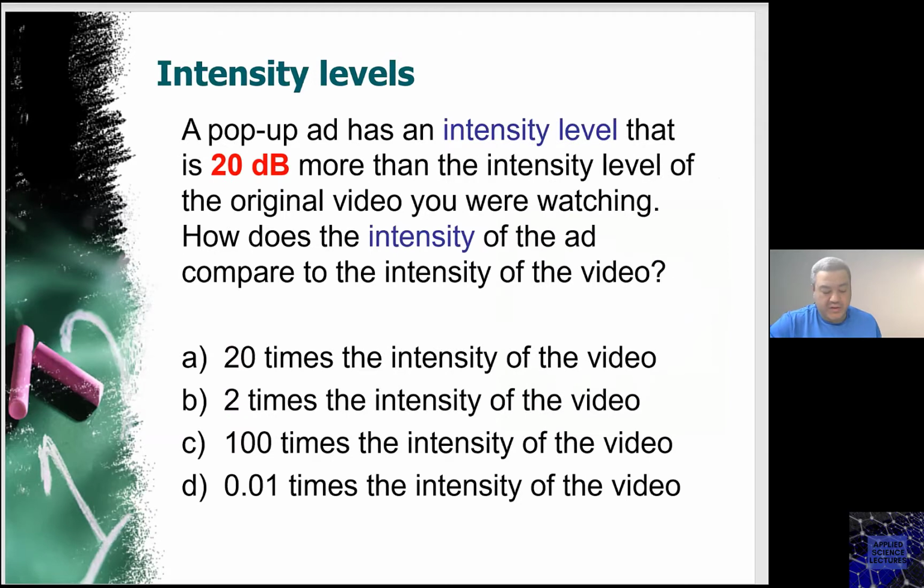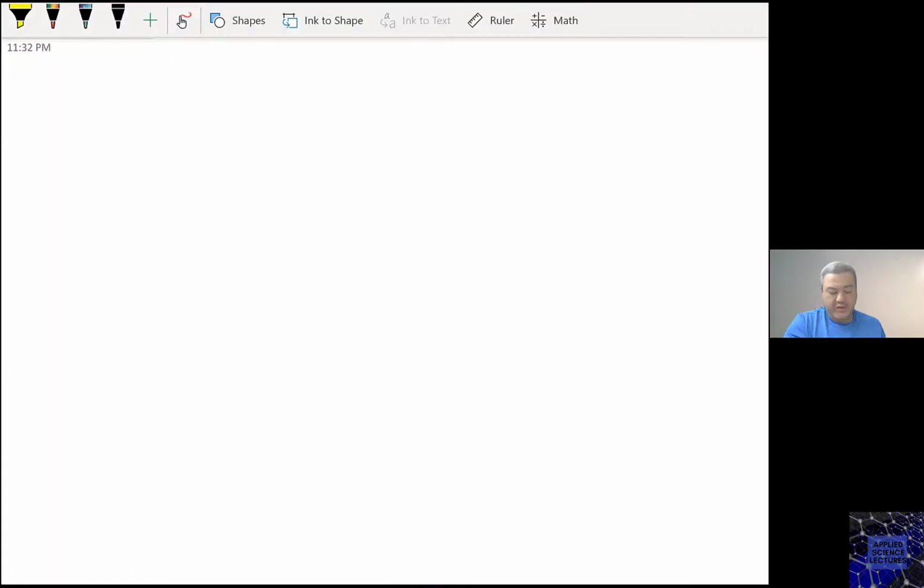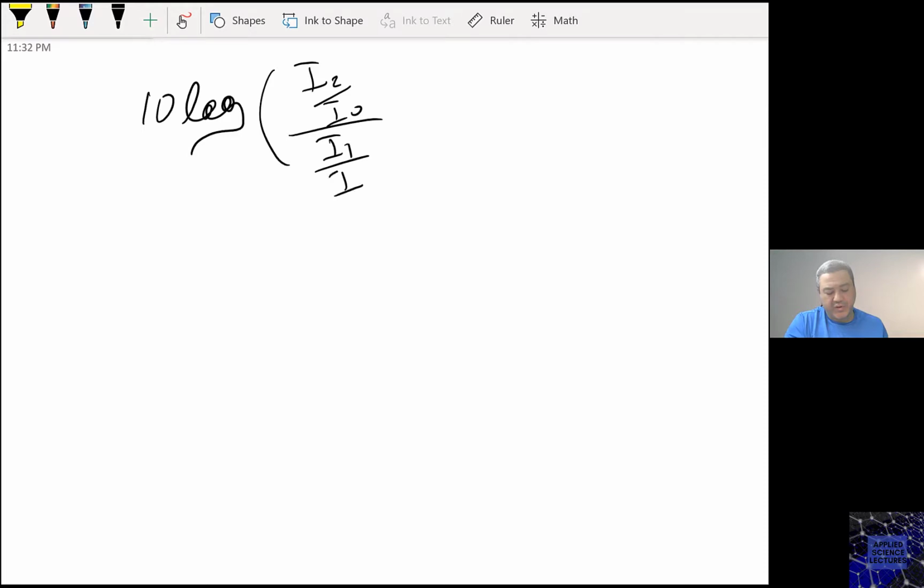Intensity levels. A pop-up ad has an intensity level that is 20 dB more than the intensity level of the original video you were watching. How does the intensity of the ad compare to the intensity of the video? Again, the difference is 20 dB here. 10 logarithm I2 over I naught by I1 over I naught equals 20 dB.